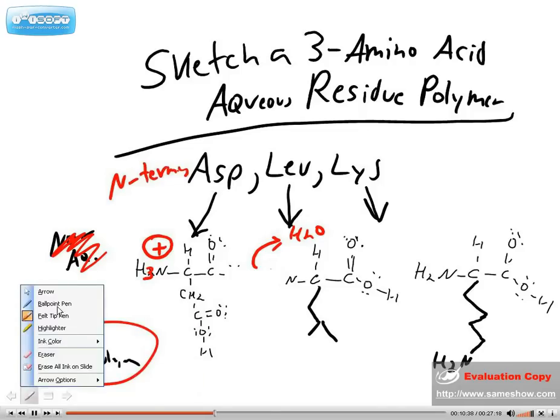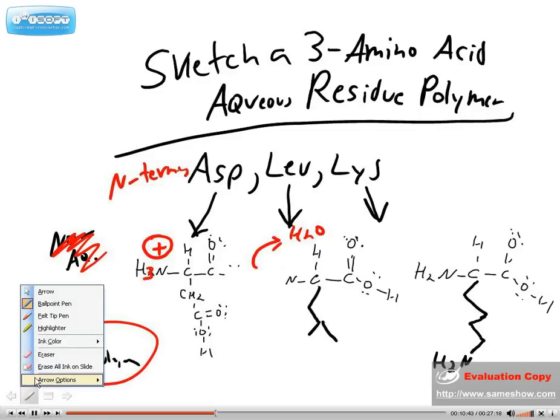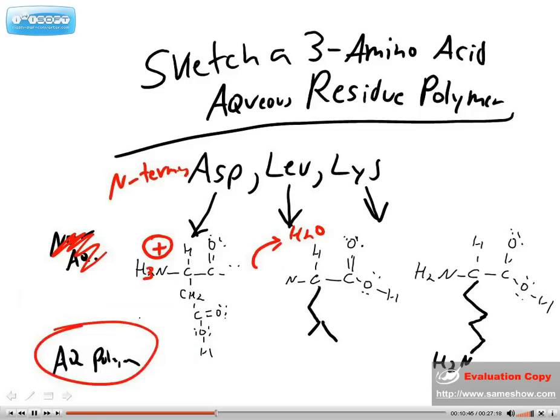Let me go ahead and change pen colors. So I'm just going to put the hydrogen down here, and then here we have a really long line. Oh, there's an old lone pair. Scratch that out. Let's go over to the other side.